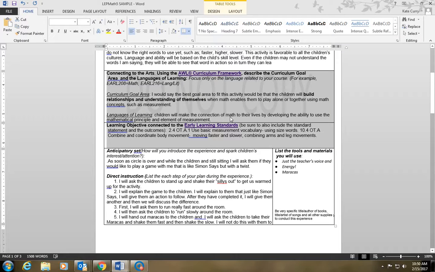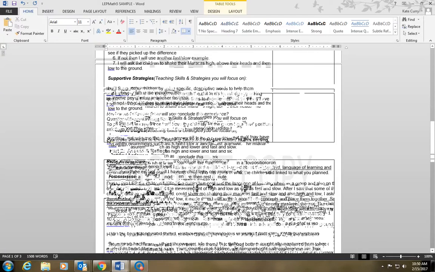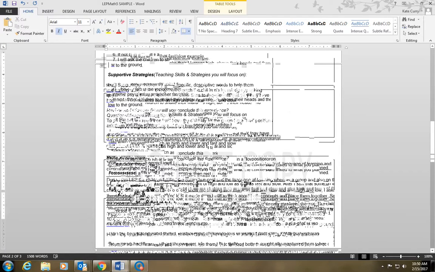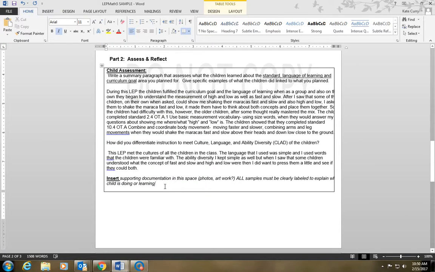They made many connections to math in their daily lives as they measured, and here were some of the things that I saw. They also met the standard 2.4, use basic measurement, because they said this and this. See pictures below, or something like that. And you will insert pictures here of your lesson plan that support what you find happened.